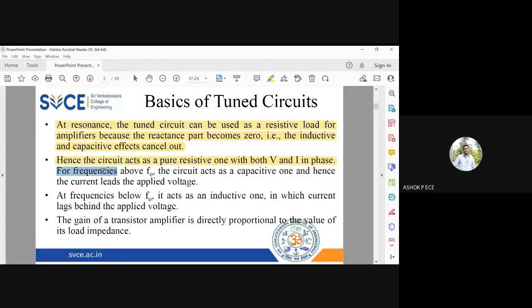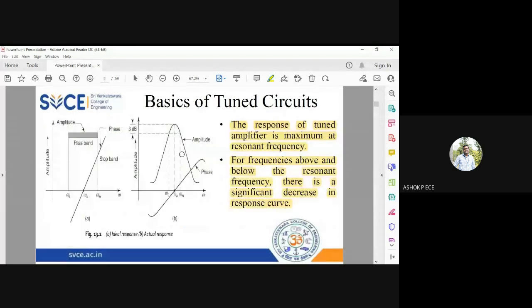When I increase the frequency beyond F naught, see this graph, the graph falls down. The reactance is reducing because of the capacitive effect. Capacitive reactance is given by Xc equal to 1 by omega C, so as I increase the frequency, my capacitive reactance will decrease.